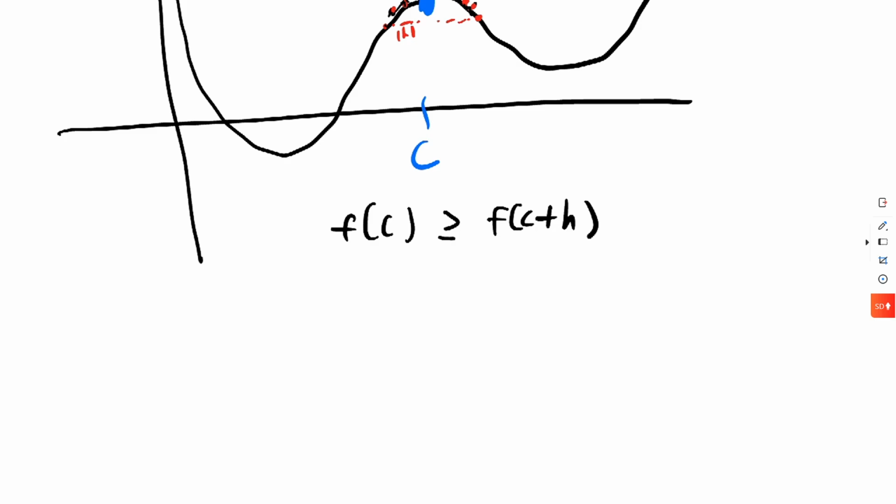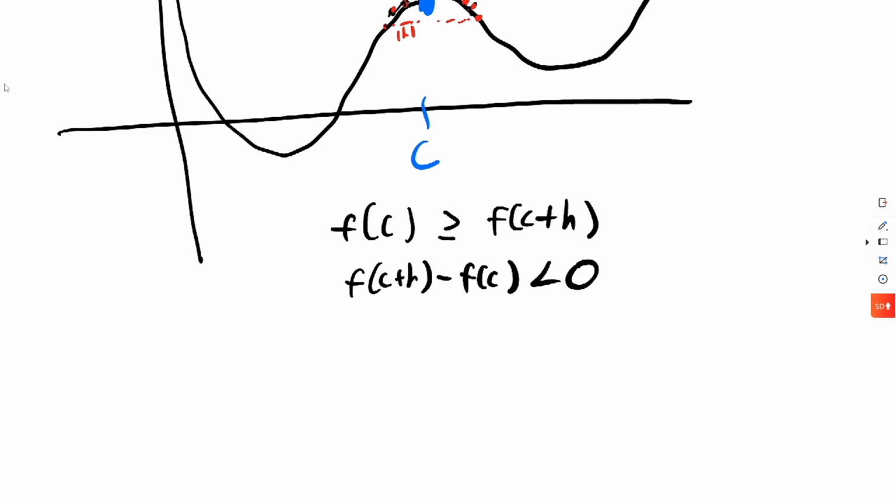And so this inequality can be turned into saying that f of c plus h minus f of c is less than or equal to 0. Okay, we're going to move this to the right side.